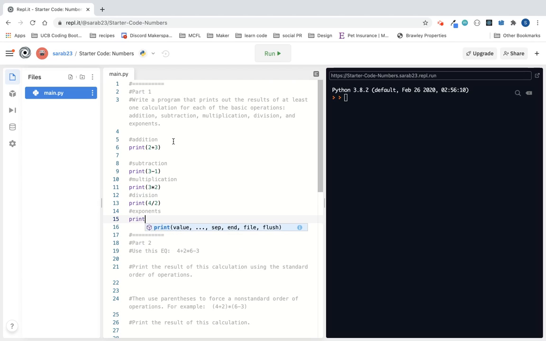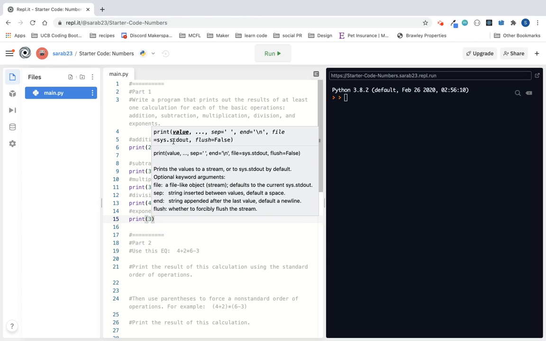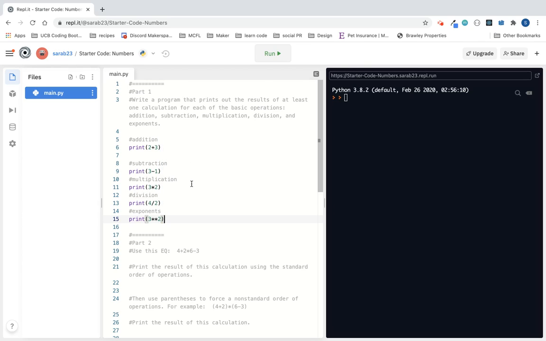Exponents are like multiplication, but it's a double asterisk. So let's print these operations and see what happens.